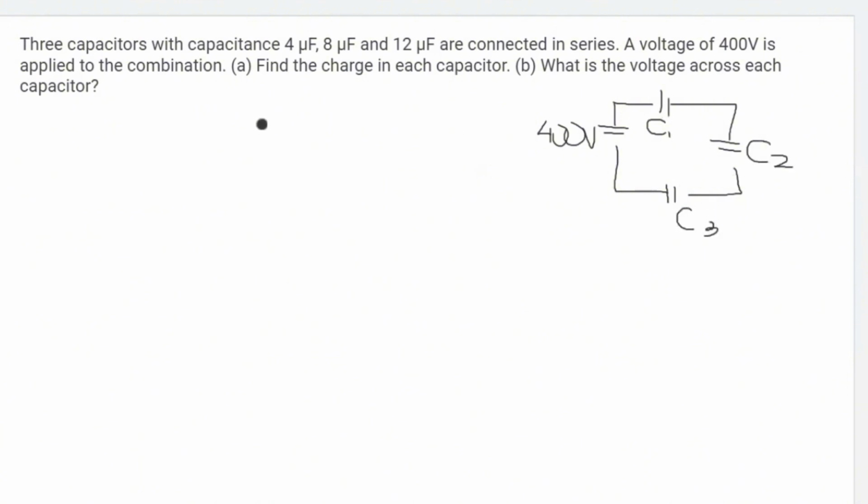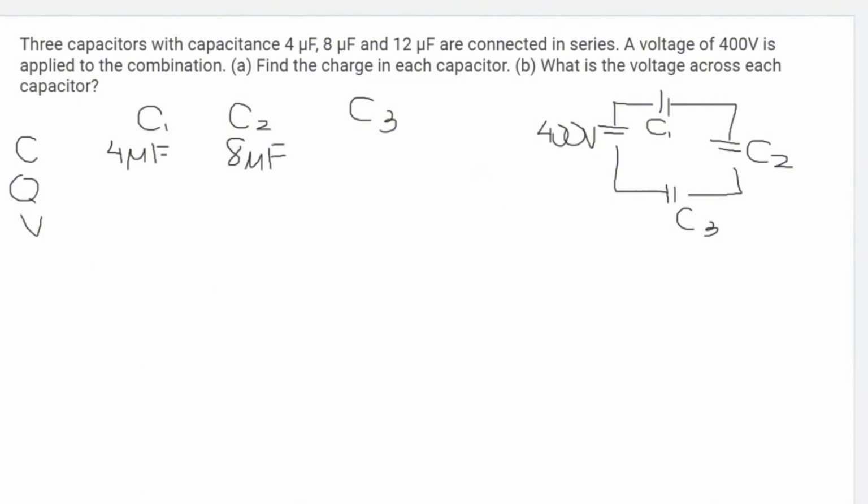For organizational purposes, so our solution can look organized and clean, let's make a table so we won't get lost in our solution. So this is for capacitance 1, capacitance 2, capacitance 3, and the total. From our given, the capacitance of capacitor 1 is 4 microfarad. For our second one, it's 8 microfarad.